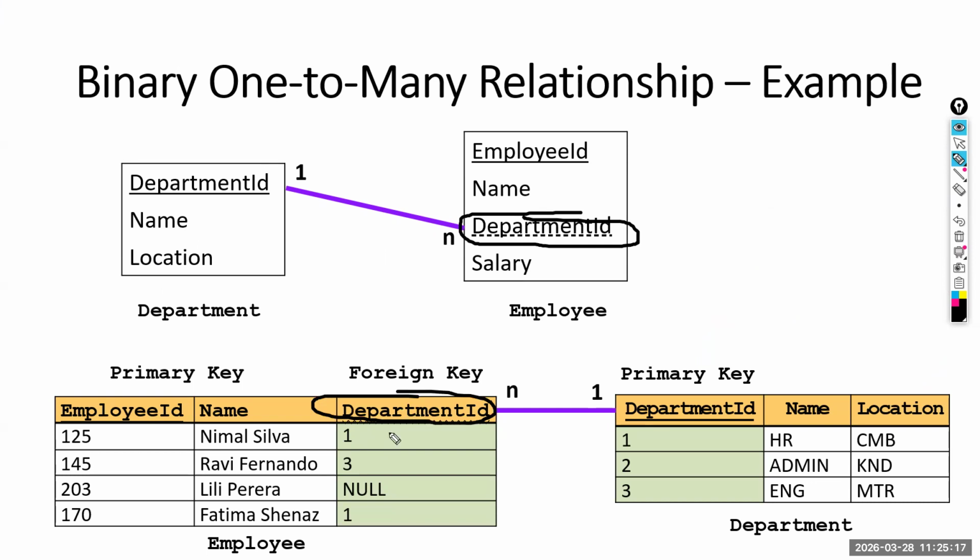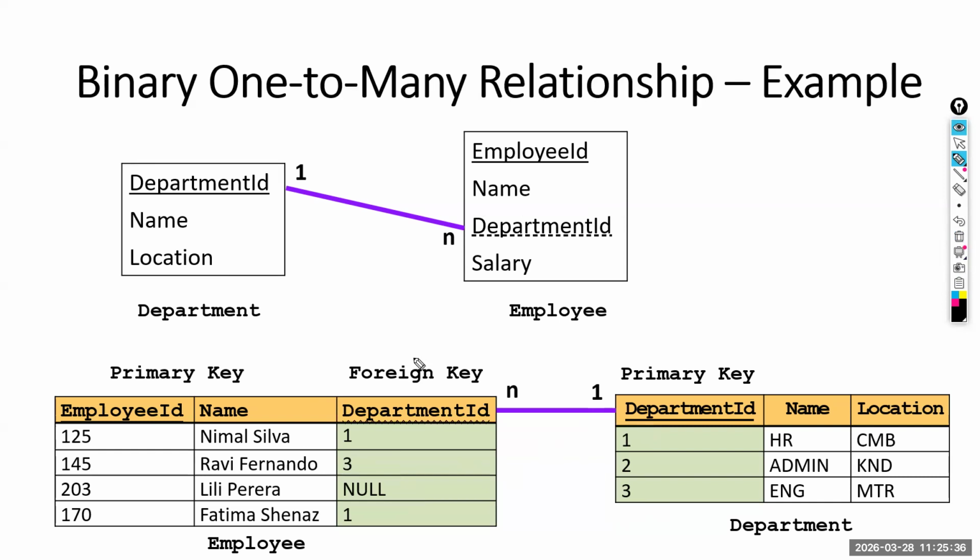So then your values for department ID must be valid values for this department table, or it can be null. But if there's 1, 2, 3, you can't have something like 5. Because there's no department called department 5, right?